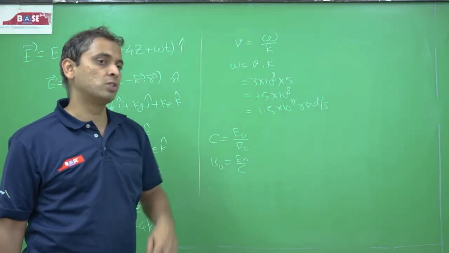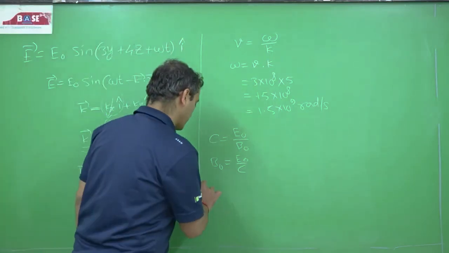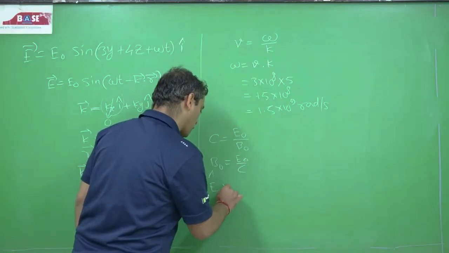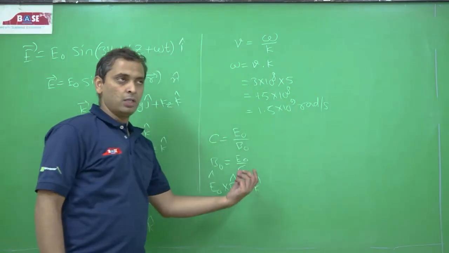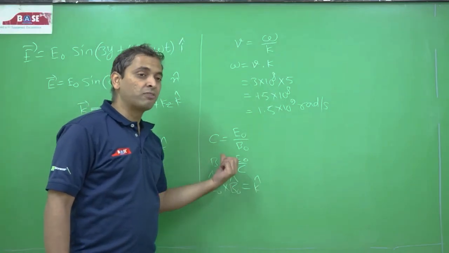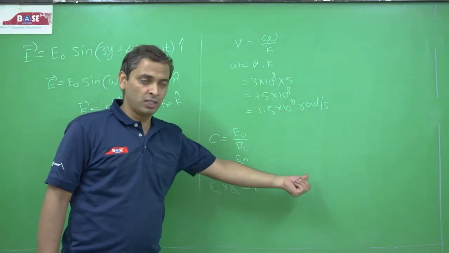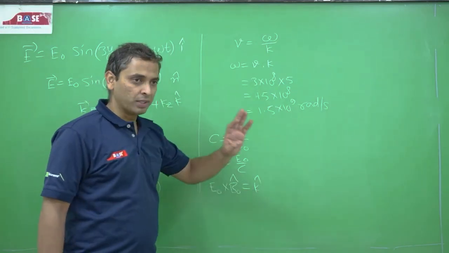Now the only thing we have to choose is the direction for the magnetic field. Well, we can get the direction as E naught cap cross B naught cap should be the direction of k cap. So right hand thumb rule for directions of electric field, magnetic field and the wave propagation. So we get E naught cap cross B naught cap equals k cap.